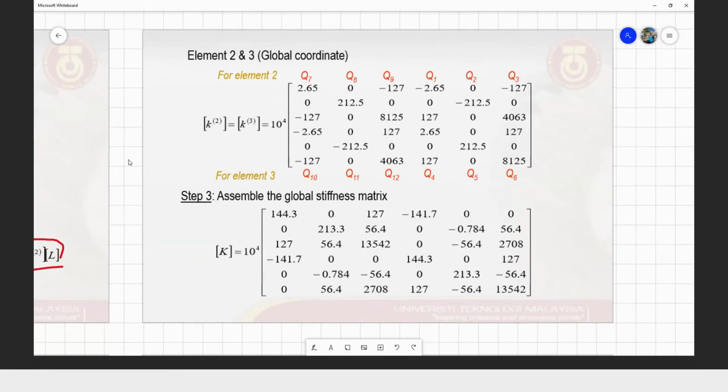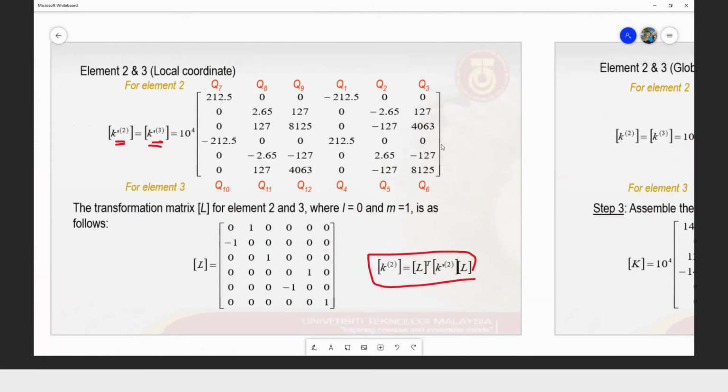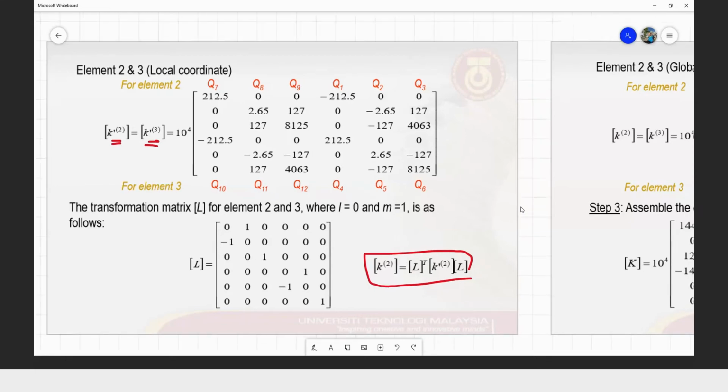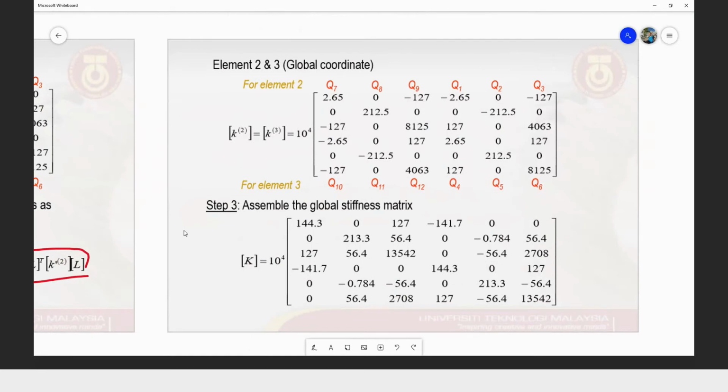So after you have this prepared, and this also prepared, you transform this to get L transform, and then process L, T, K, and K prime and L, then you will get K global.